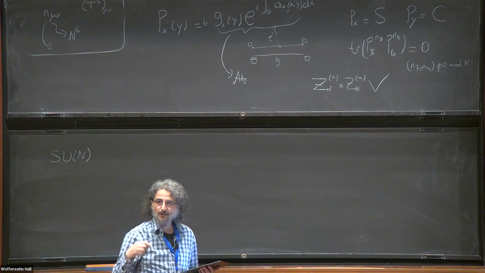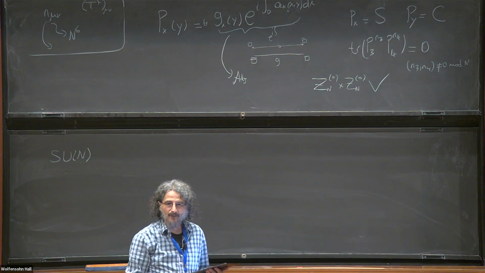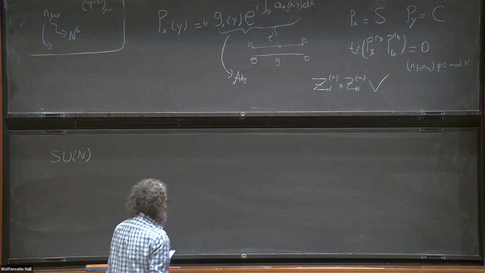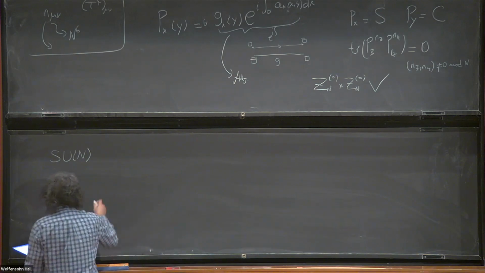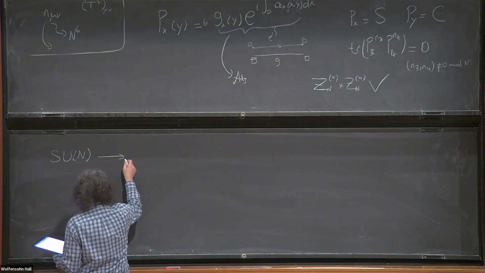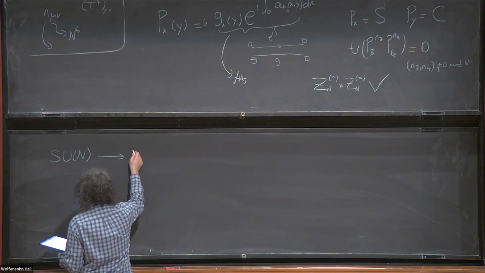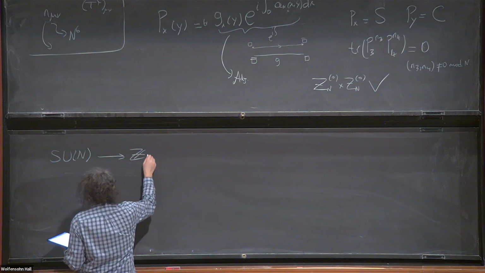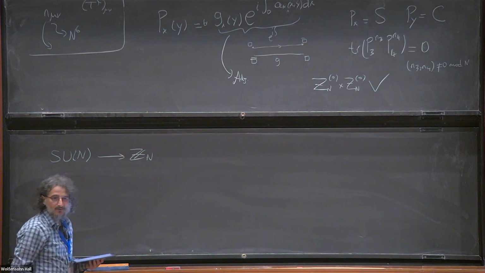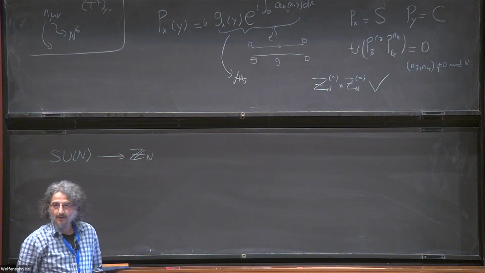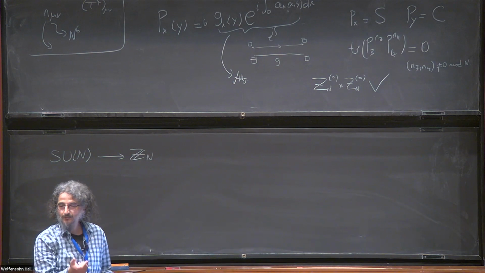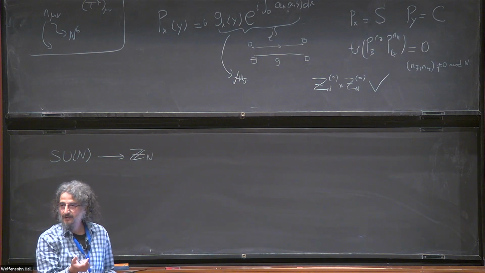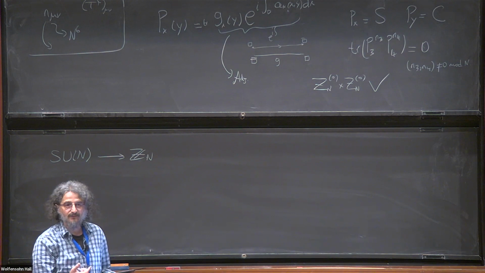One of them is clock, the other one is shift. And the only thing that will commute with both is the identity matrix. This actually breaks the SU(N) gauge group down to Z_N. So the only elements of SU(N) that commute with this P3 and P4 are proportional to identity, and they can only take Z_N values.